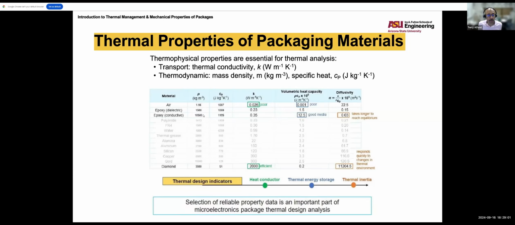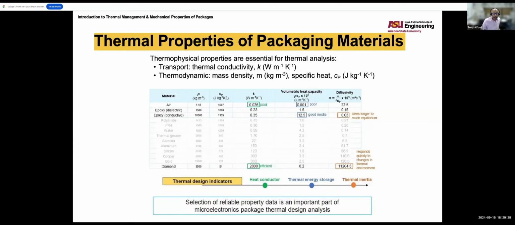We see that the density ranges dramatically. Now, the normal unit for density is typically grams per cubic centimeter, but that's fine too. Heat capacity, joules per kilogram Kelvin.